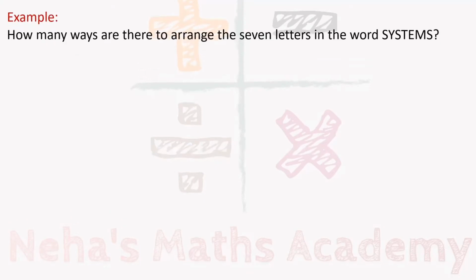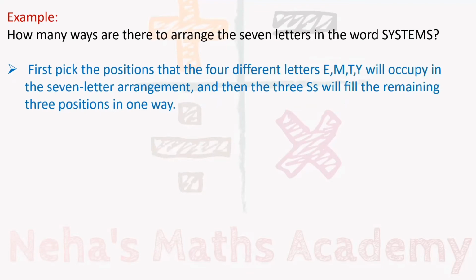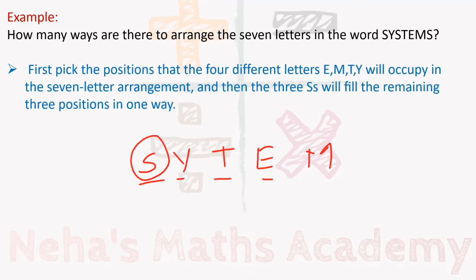Next example. How many ways are there to arrange the 7 letters in the word systems? That means we have to arrange all the letters in this word. Firstly, pick the positions that the 4 different letters E, M, T, Y will occupy in the 7-letter arrangement. See, as systems, there are 3 S's in systems, and S, Y, T, E, M. These are the different letters, and S is repeated 3 times. So let's arrange these 4 letters first.